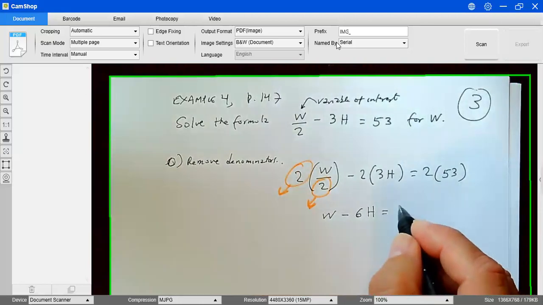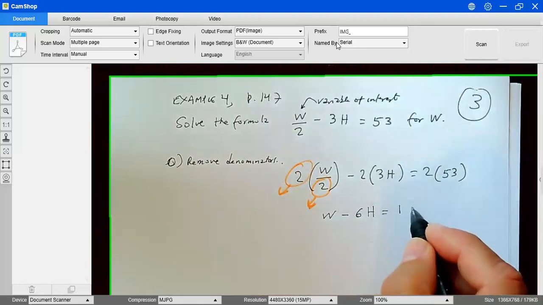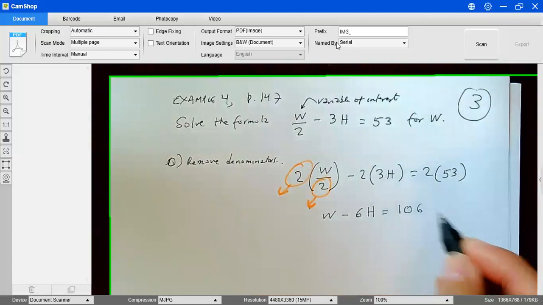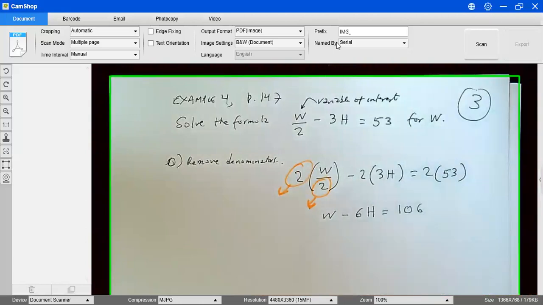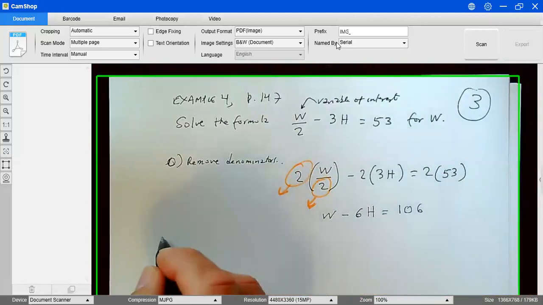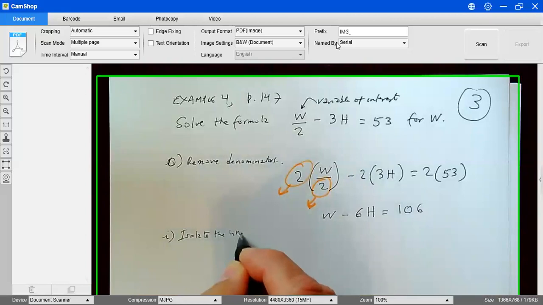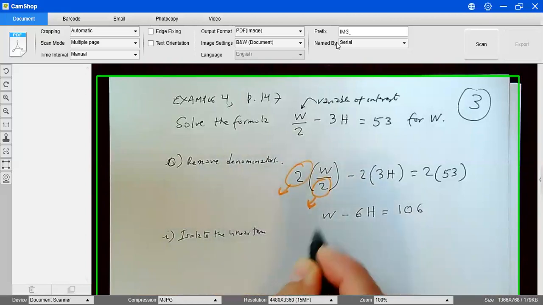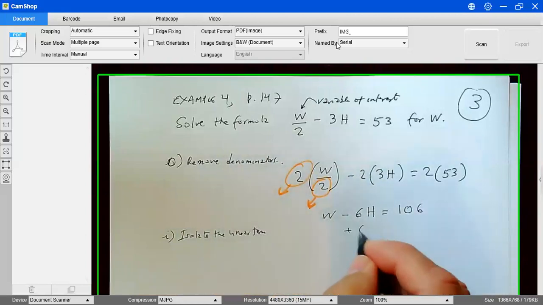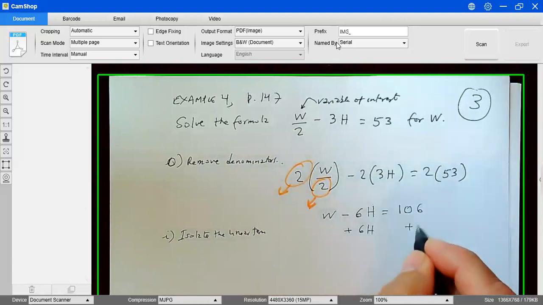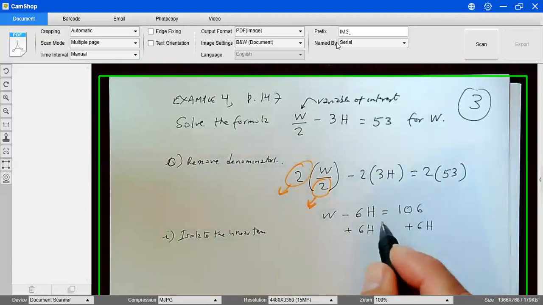It's just going to be 106. So now I need to isolate the linear term. So we're going to isolate the linear term, which is W. So I'm going to add 6H to both sides of the equation.